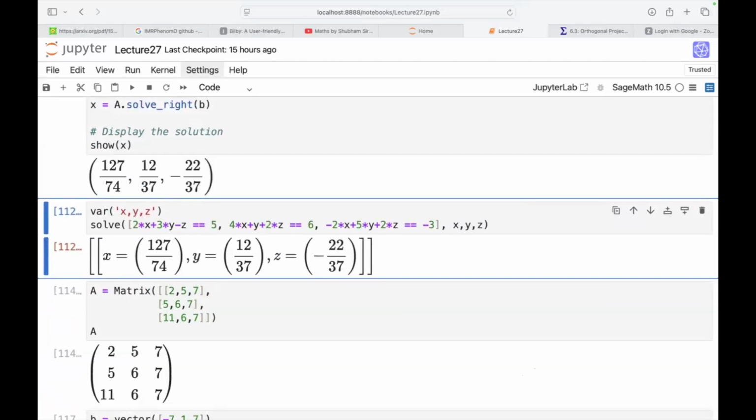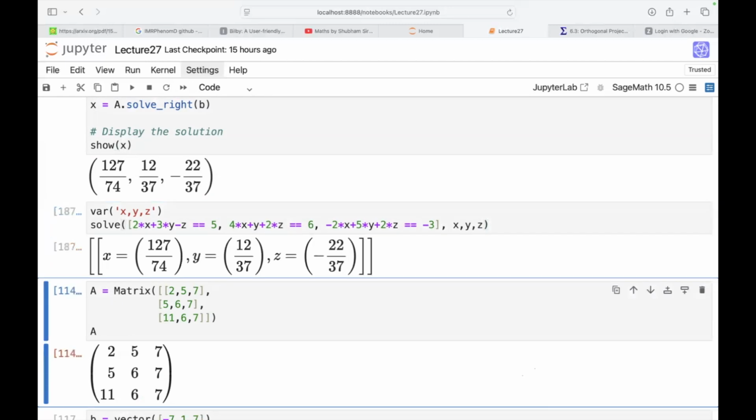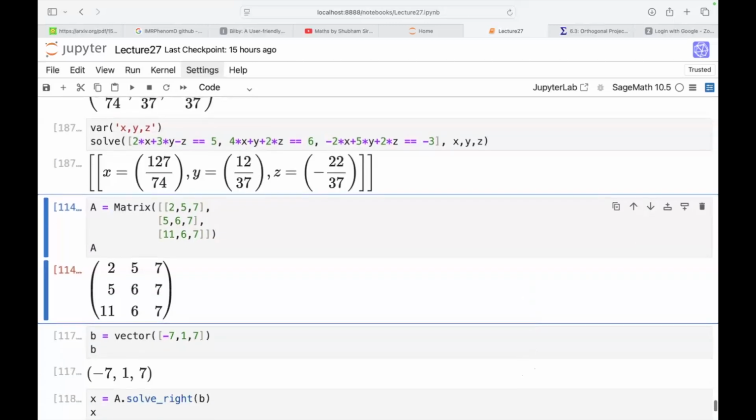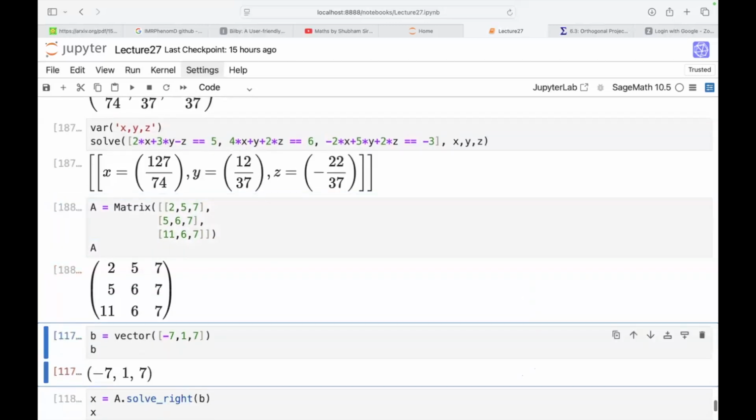Then another thing, the basic idea is the variables x, y, z. Three variables x, y, z. Then solve: 2x plus 3y minus z equal to 5 and 4x plus y plus 2z equal to 6 and minus 2x plus 5y plus 2z equal to minus 3, and define basically x, y, z directly. Yeah, basic matrix are defined.